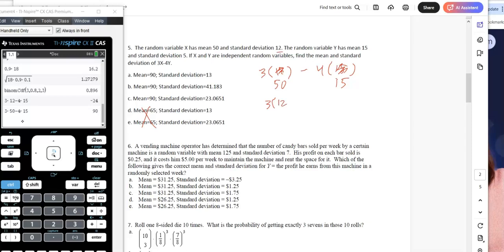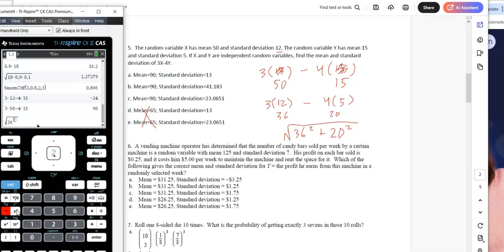So 3 times 12, and minus, now this is not going to be the answer, 4 times 5 there. So this one is 36 and 20, but we can't just subtract those two. In fact, we change into variances, so we take the square root of 36 squared plus 20 squared. That should give us our answer here. So square root of 36 squared plus 20 squared.